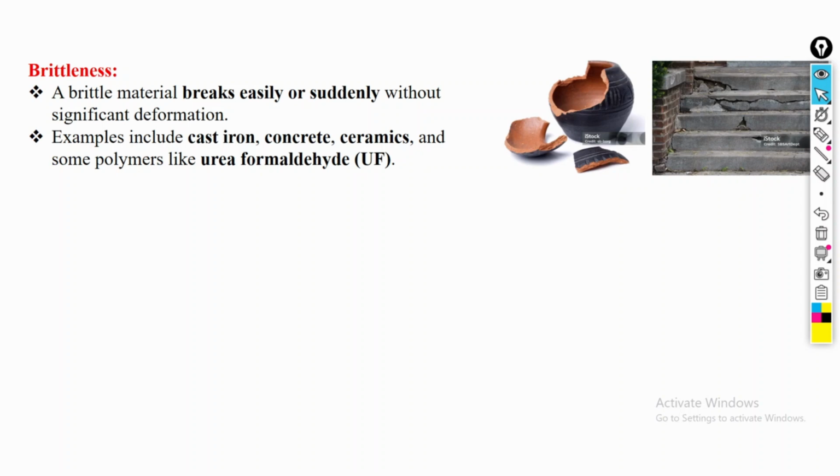Similarly, concrete, if we exert an external force on it, will break without elongation. Similarly, ceramics: if we exert an external force on them, they will suddenly break without elongation. Similarly, urea formaldehyde is also a brittle material.